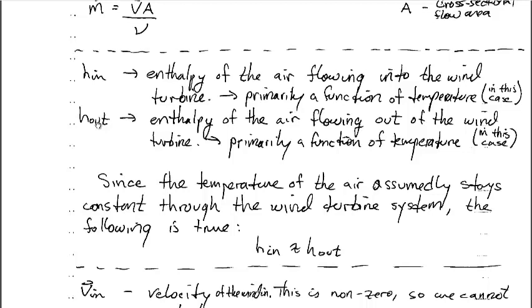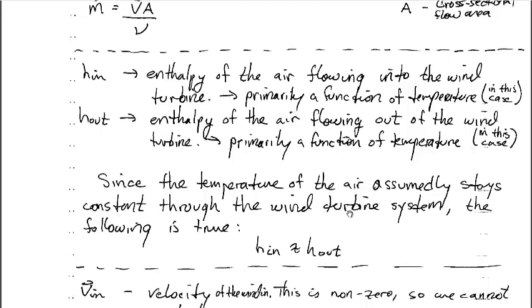Well, let's think about what the temperature of the air is doing through our control system. We have wind blowing in and wind blowing out, and that wind is blowing across these blades, which are at the same temperature as the air itself. So there's really no reason to believe that there's a substantial change in the temperature of the air as it flows through the wind turbine system. So we can basically assume that the temperature of the air stays constant.